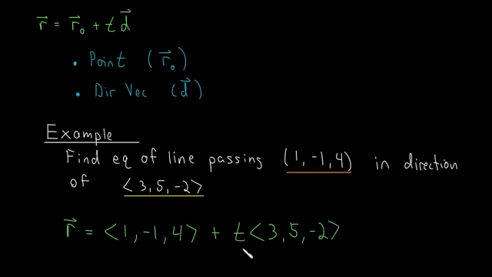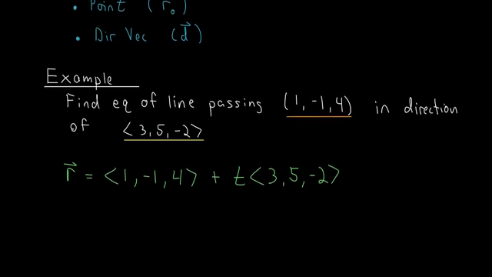And again, the reason we use t for time is a lot of times when we're thinking about curves in 3 dimensions, we think of them as a particle moving around in 3 dimensions, and t is supposed to represent time passing as that particle moves around. Okay, and so this is the vector equation of the line.